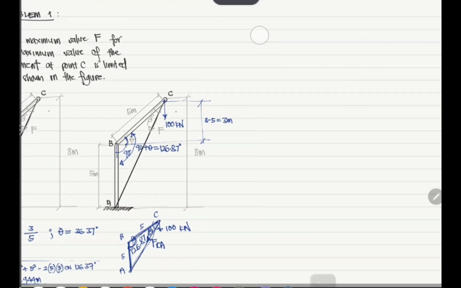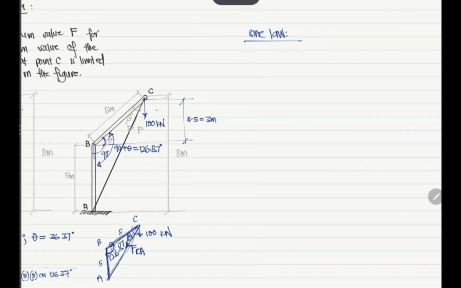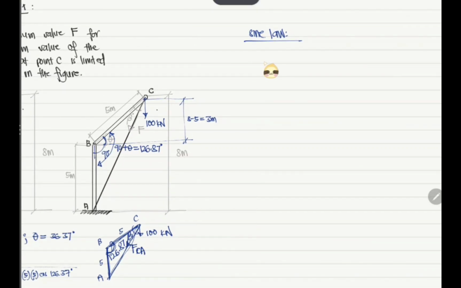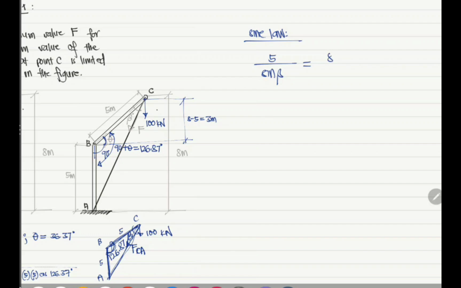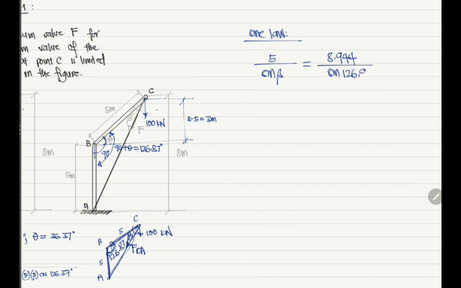By sine law, the side over the sine of its opposite angle, we have 5 over sine of beta equal to 8.944 over sine of 126.87.